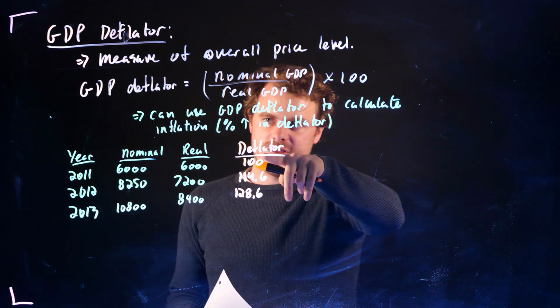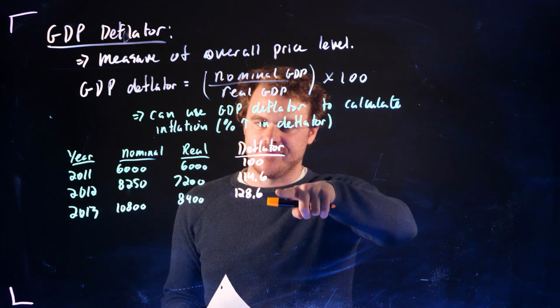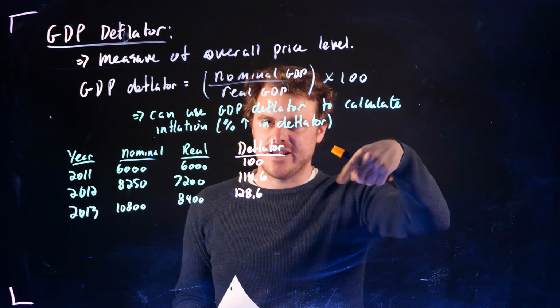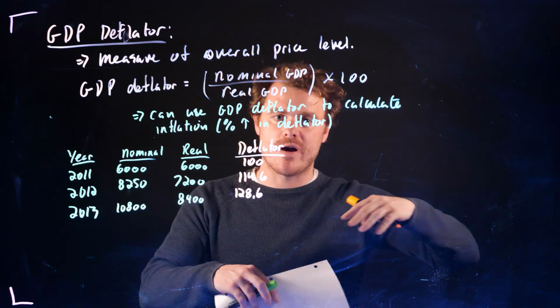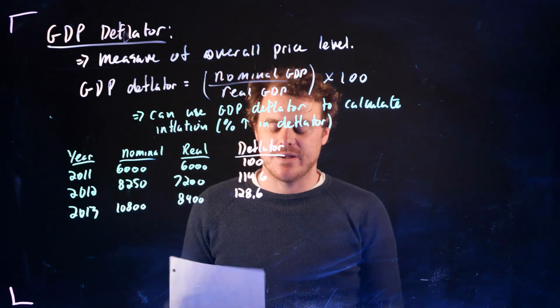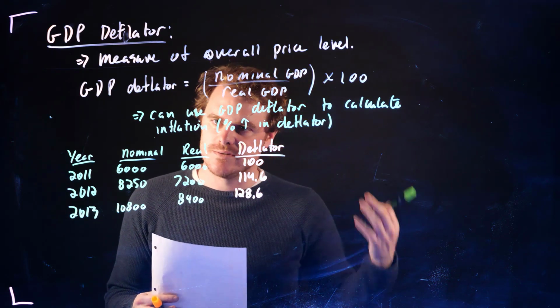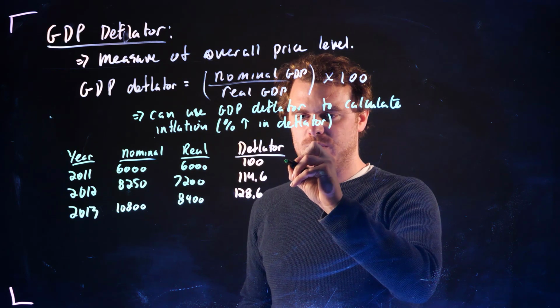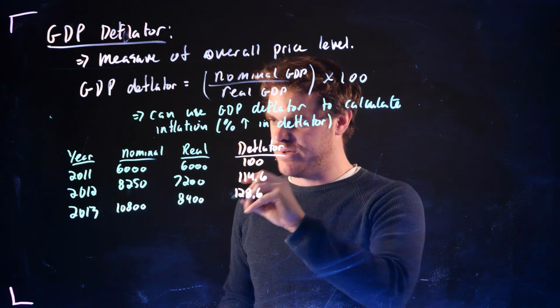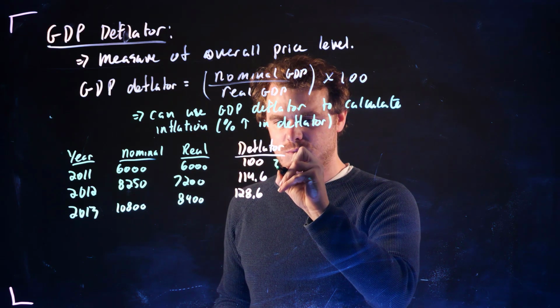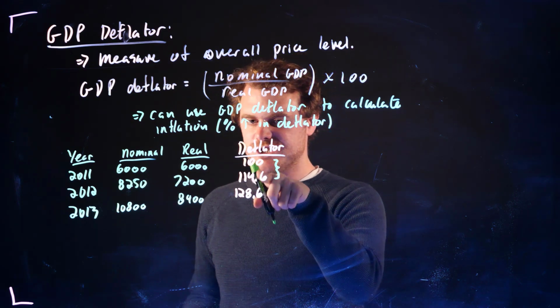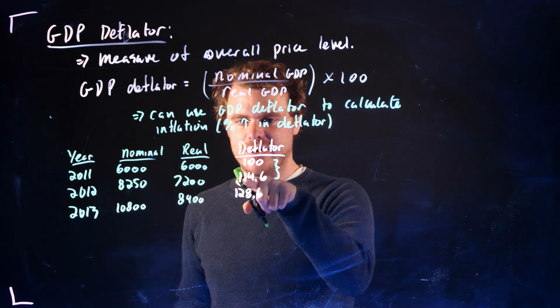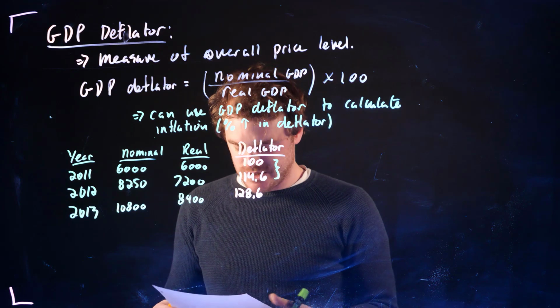And then we could calculate the percentage change in this deflator to calculate inflation. This is going to be more representative of the economy as a whole, like I was saying, rather than consumers, which the CPI was mostly picking up. So for example, if we wanted to calculate the inflation between 2011 and 2012, we want to calculate the percentage change in this deflator between 2011 and 2012.